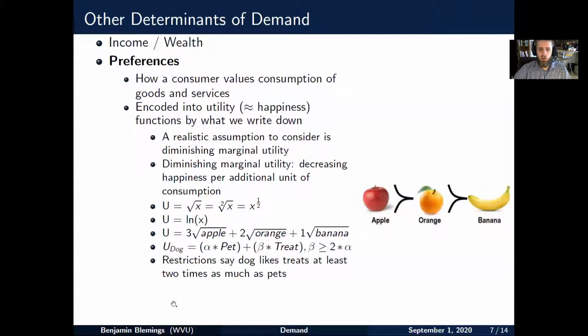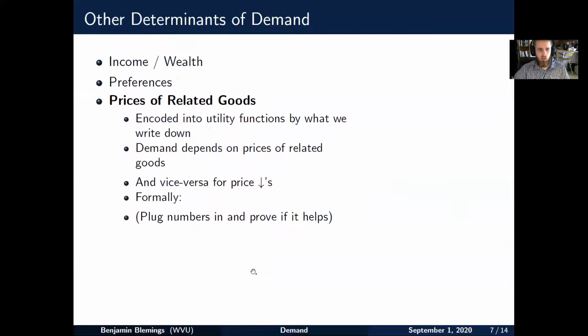But for now, I just put these parameter restrictions on here that says that dogs like treats at least 2 times as much as they like being pet. And just the last thing is there's no diminishing marginal utility of either of those for a dog, which is just kind of assumed in the utility function because they're not square rooted or taking the natural log of, or some other way to give them diminishing marginal utility.